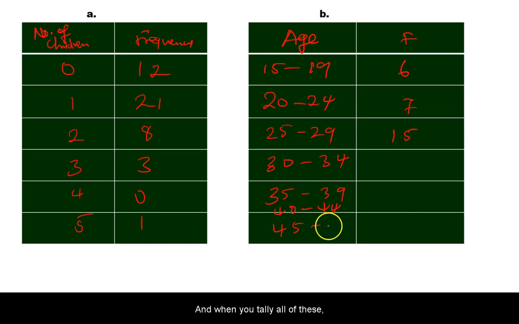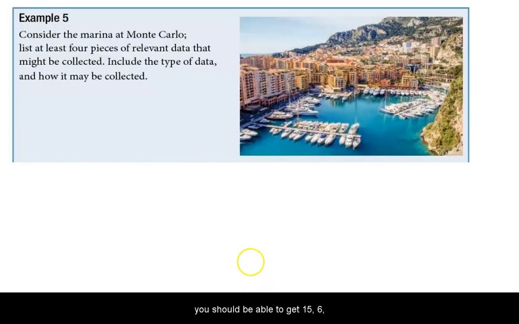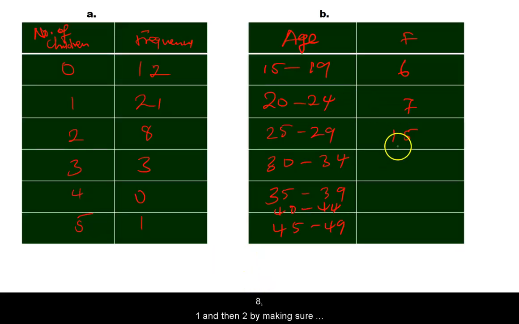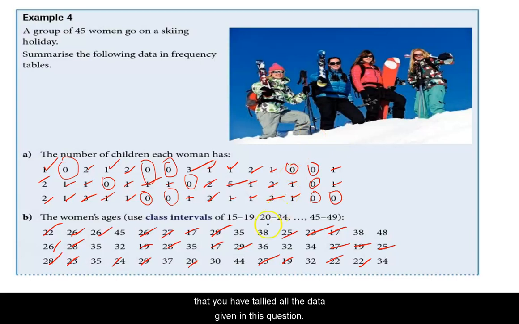And when you tally all of these, you should be able to get 15, 6, 8, 1, and then 2, by making sure that you have tallied all the data given in this question.